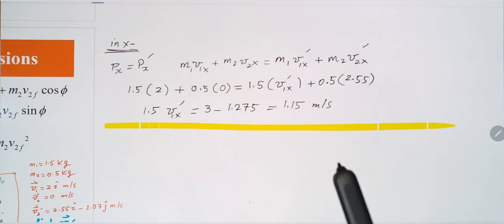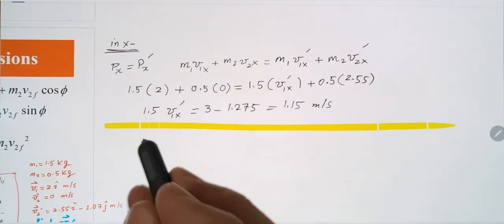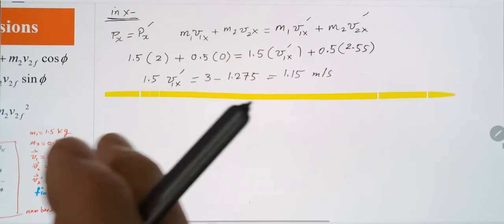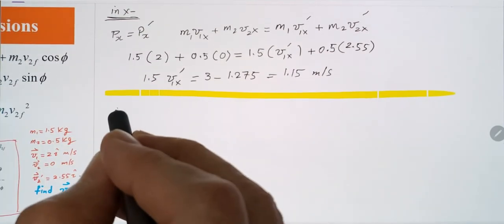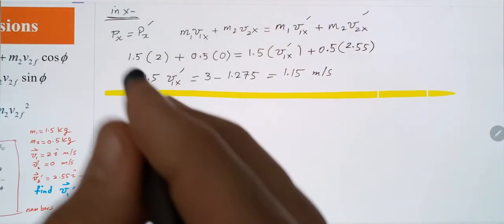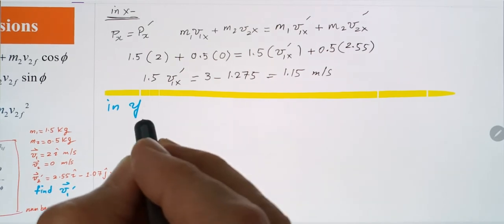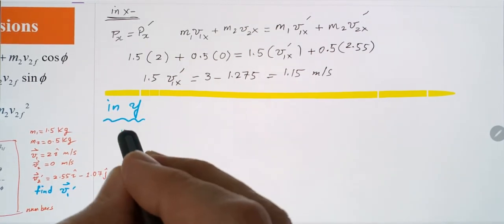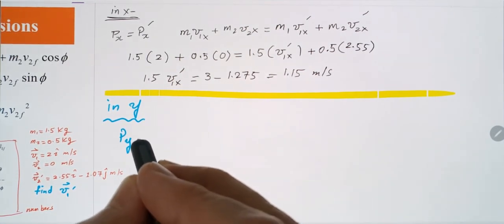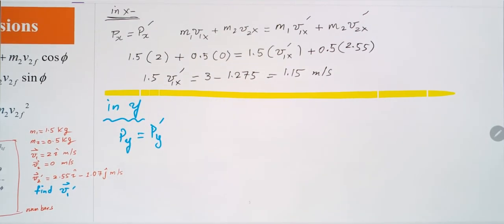Now let's find the y component of V1 prime. So we write, let me change the color just for fun. Physics is fun. In the y-axis we have Py before the collision must equal Py after the collision.